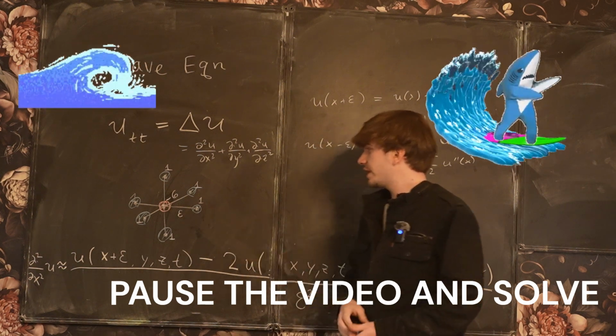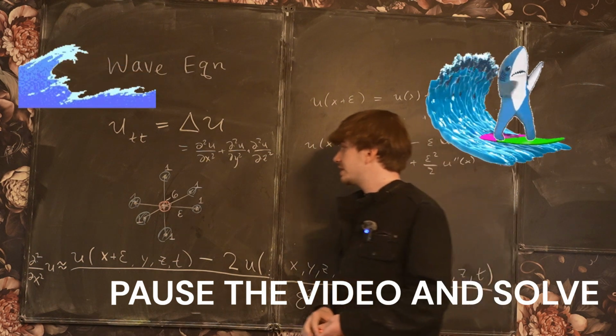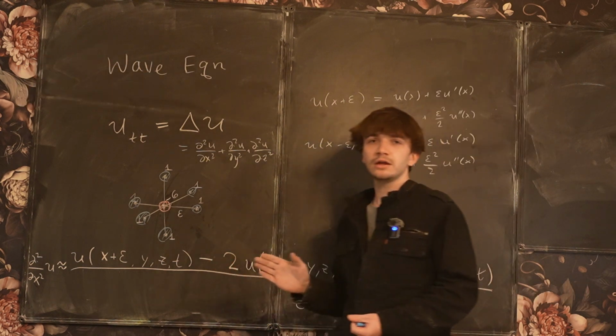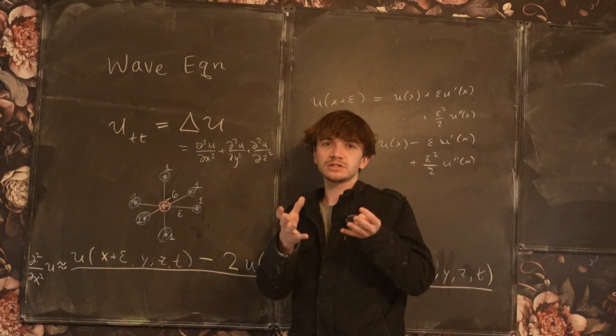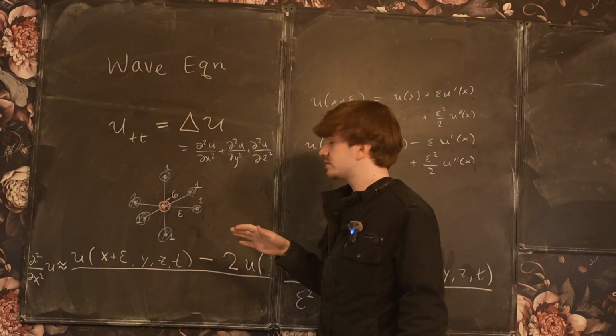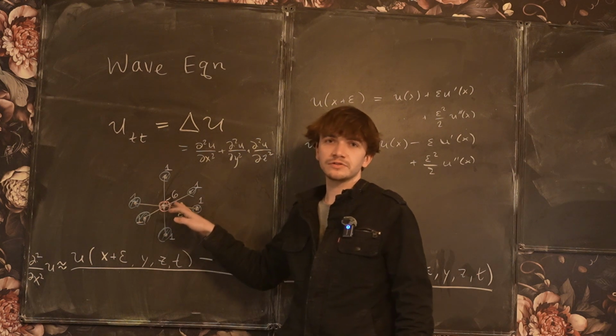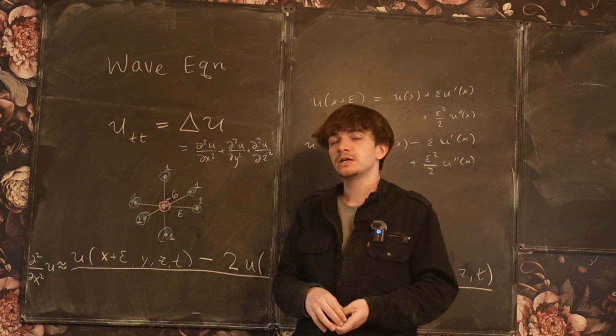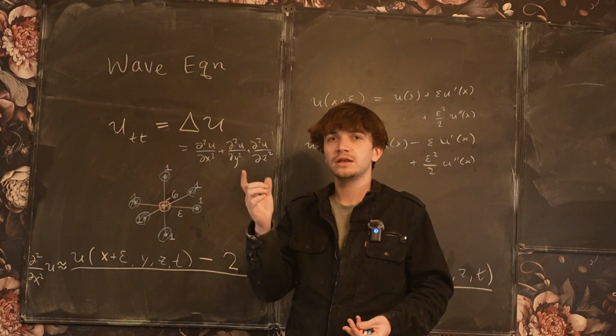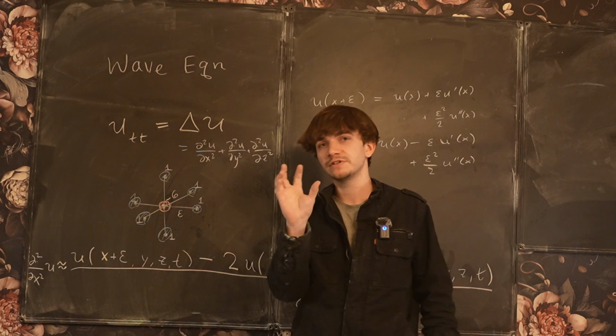Okay, so the answer is that the Laplacian is actually positive. We denote this as a positive curvature. And that means that the value of u at the center, the value of our solution at the center, is relatively less than the local average of its neighbors.